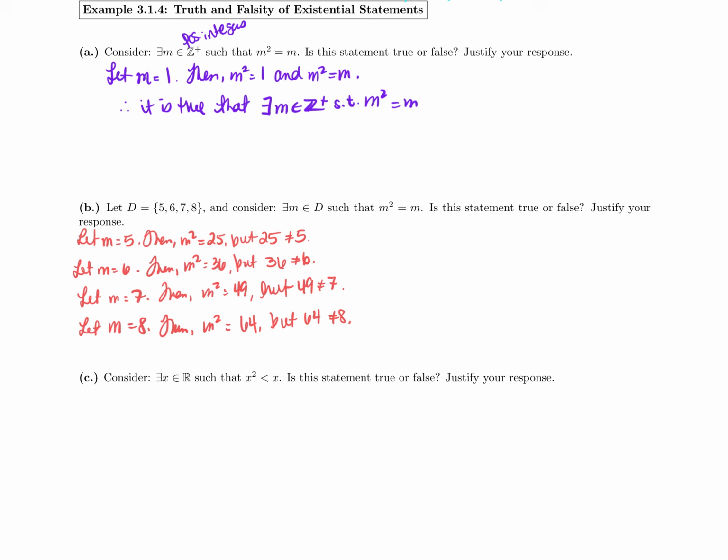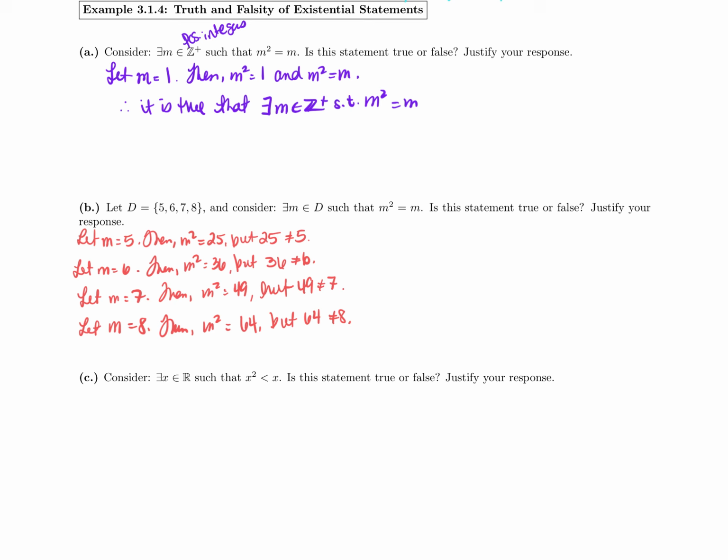For our now finite domain, we don't have a single element that makes this statement true. In fact, all of them are false, which is our method of exhaustion. It relates right back to that universal quantifier, where we used the method of exhaustion to show that the universal statement was true.